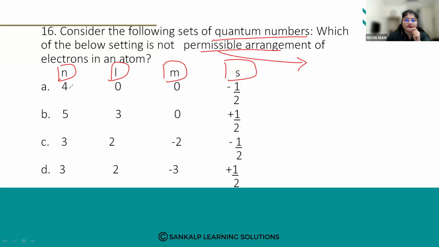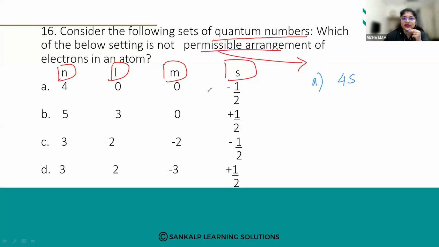So here, for the first one, A, it is 4s. So the main shell number is 4 and l is equal to 0. m will have the value of 2l plus 1.